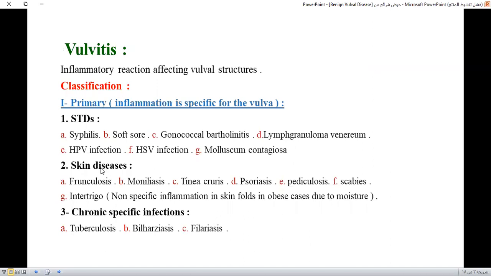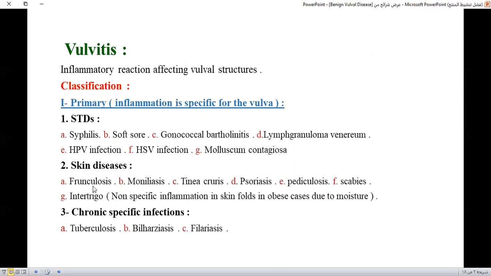Vulvitis is an inflammatory reaction affecting vulval structure, maybe primary and maybe secondary. Primary means specific for the vulva, either sexually transmitted disease, skin disease, or chronic specific infection. Sexually transmitted disease, for example syphilis, soft sore, and others.